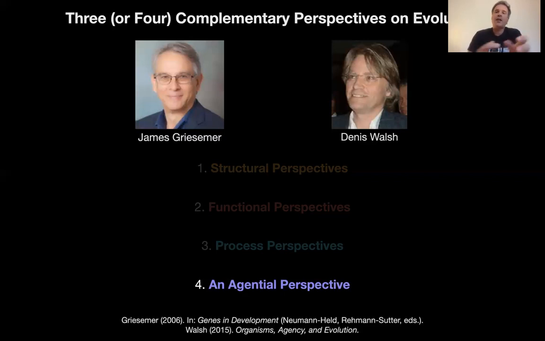And so we should take this agential perspective on evolution very seriously, okay? It may be that the conditions are such that for most cases a selfish gene approach works, or a simple unit of selection approach to understand evolution.